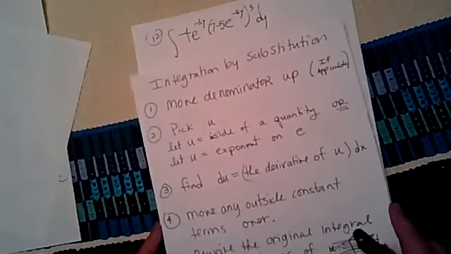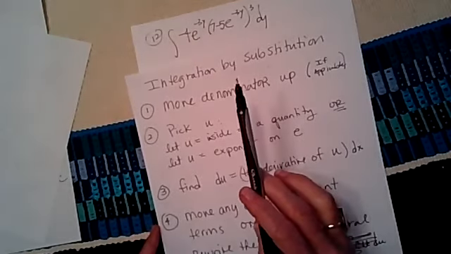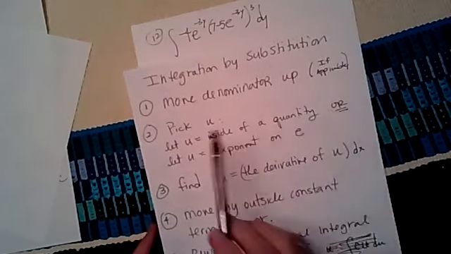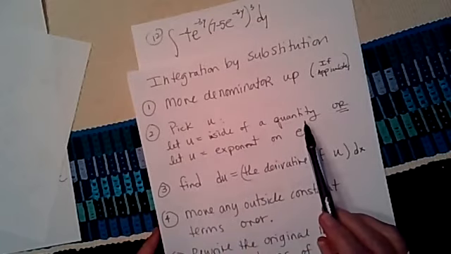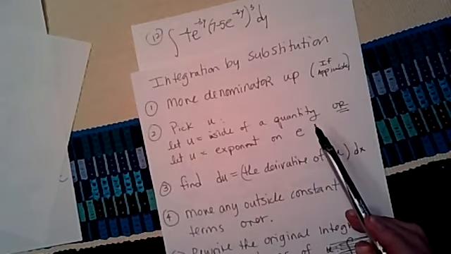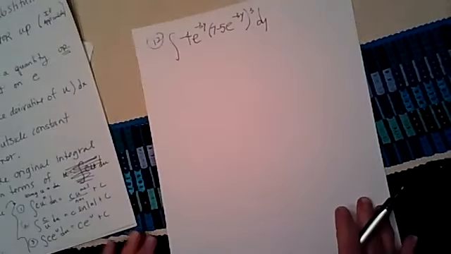So there are no denominators to move up, okay? And it says pick u, but you see you have e's and you have everything, but always pick u to be the inside of a quantity if there is one, okay? So you're not even worried about the exponent on e. You're going to let u be the inside.